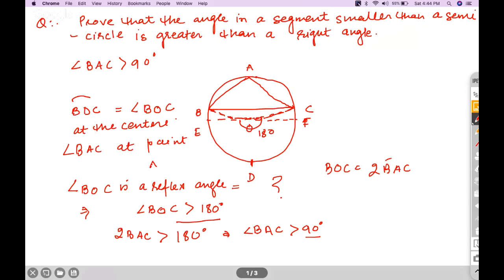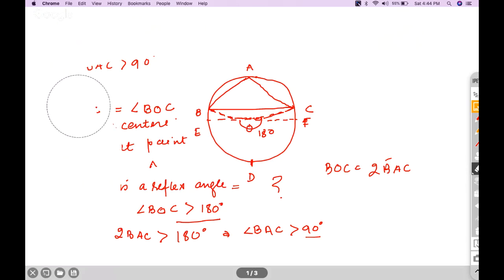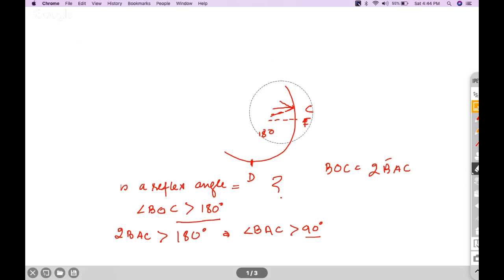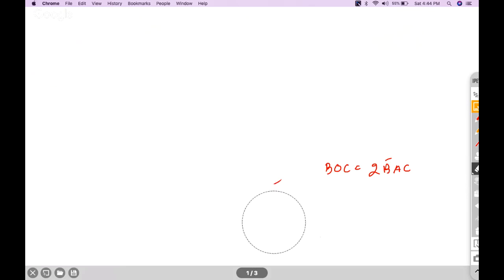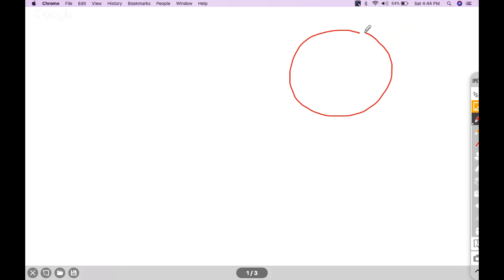Now let me give you another question of this topic. We have solved 3 questions. We will solve 2 more questions of this type, and then I'll move to cyclic quadrilaterals, and then I'll finish the class. So now let me draw the figure for you.